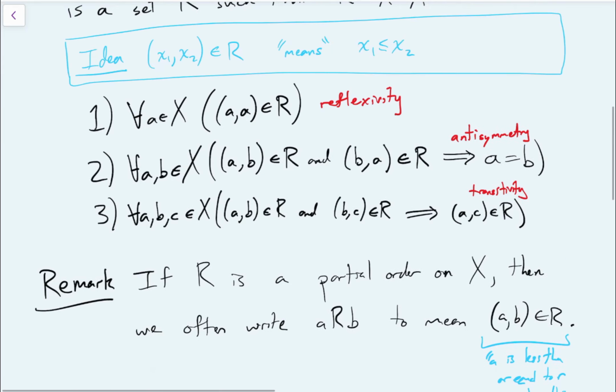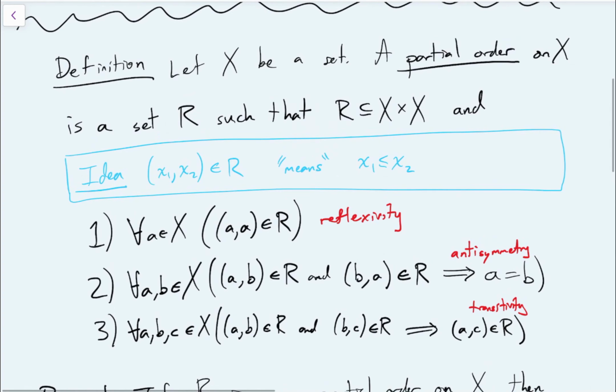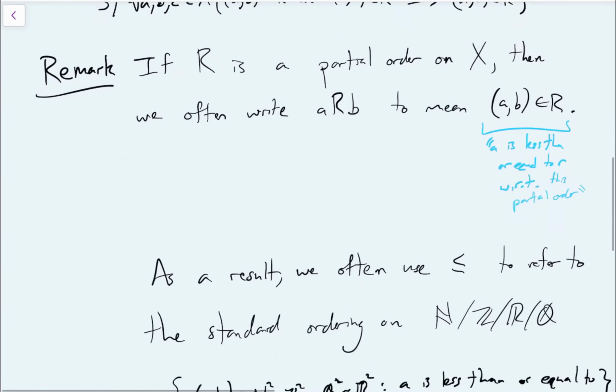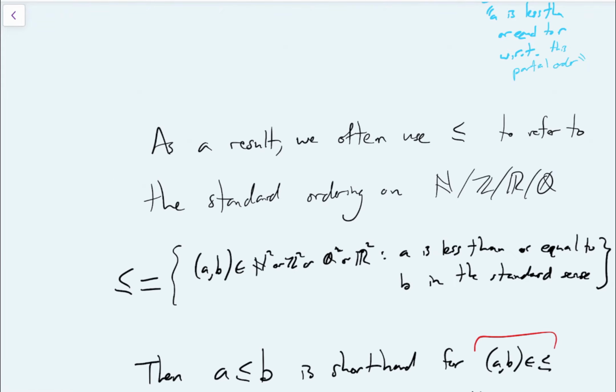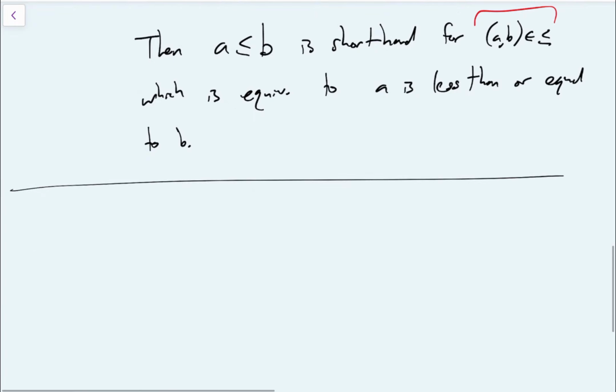So, with that out of the way, I want to talk about another example of a partial order that we've seen before that isn't one of these standard orderings that we talked about on numbers. So, example. What we're going to do here is let S be any set. And this is going to be a set of sets.